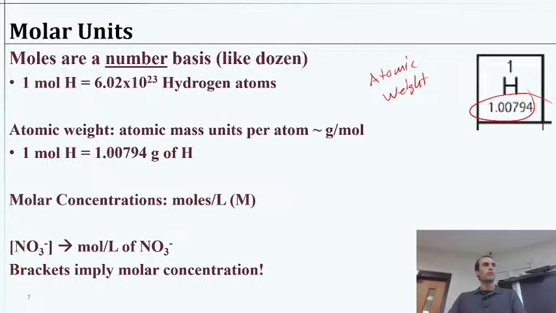Okay, molar concentrations. Whenever we're talking about concentrations of a chemical and we have it on a number basis, that's molar units. We're always going to report in molar units. And again, just think of, we're talking in dozens. How many dozens of eggs, right? How many dozens of molecules? How many moles of molecules?